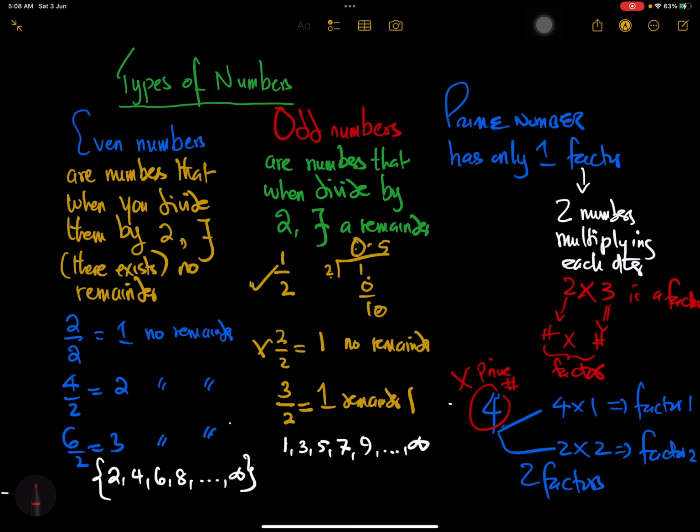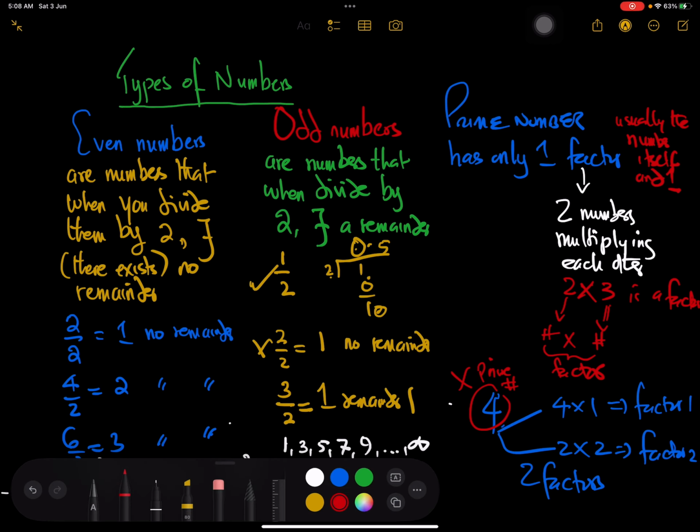And usually it is the number itself and one. So from what we are saying, we can see that prime numbers can begin from two.